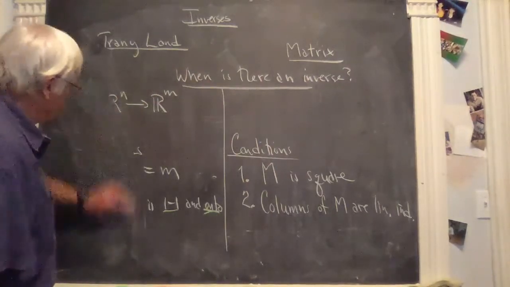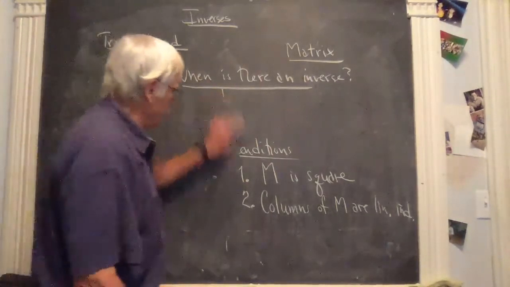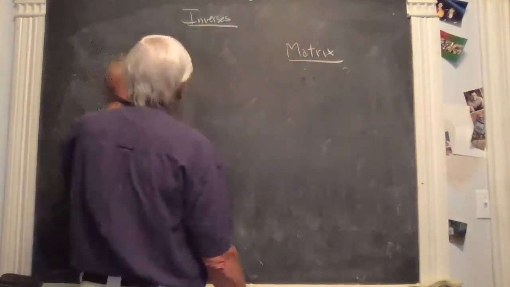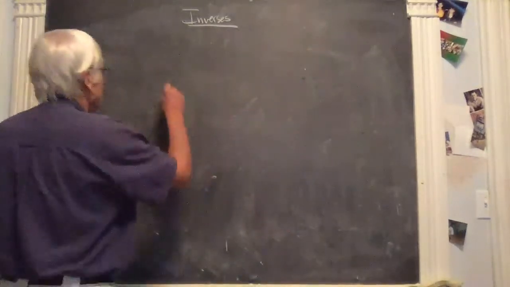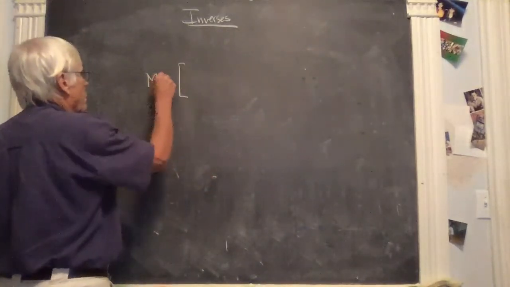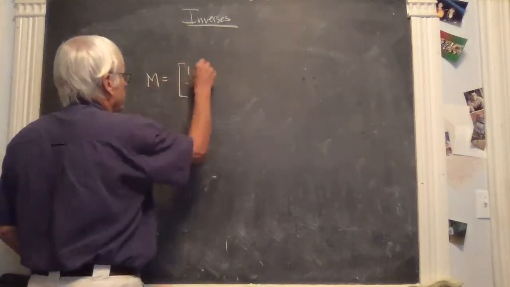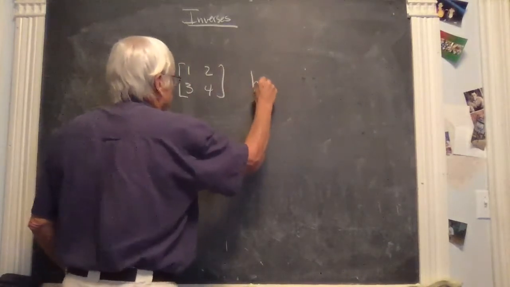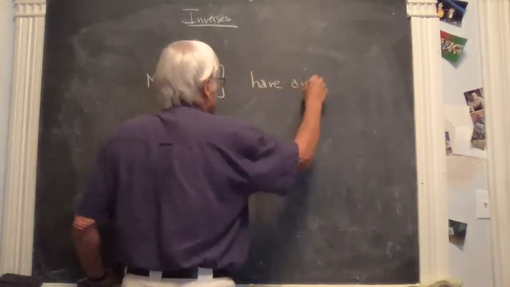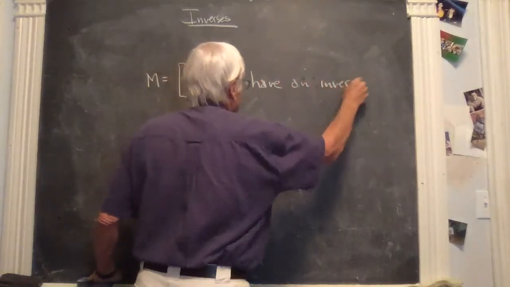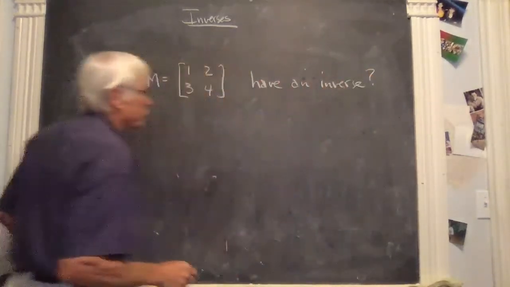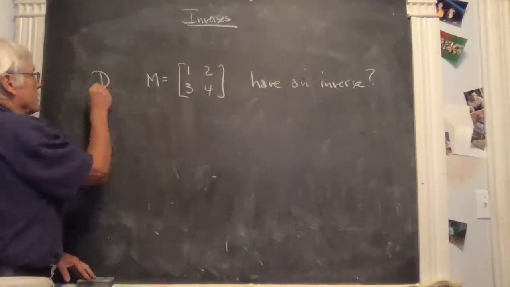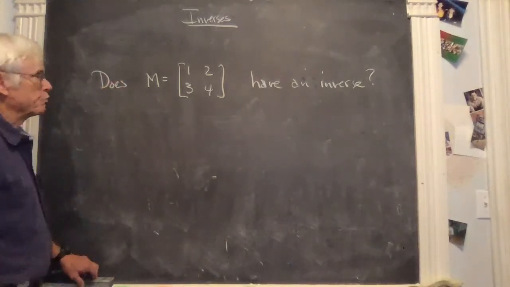So let's erase this and give an example. Does this matrix M, 1, 2, 3, 4, have an inverse? Or does the corresponding linear transformation, of which this is a representation, have an inverse?